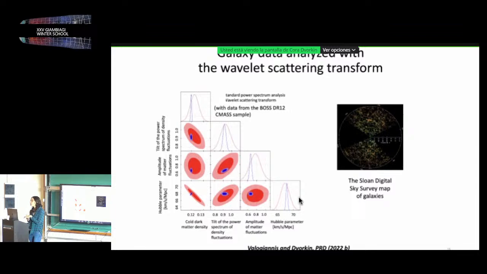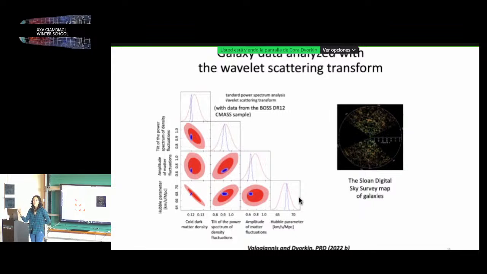So we applied the wavelet scattering transform to the latest release of the BOSS galaxy data set, which is a galaxy data set that has been measured by the Sloan Digital Sky Survey. We incorporated many added complexities that come into play when working with actual data. For example, the fact that galaxies are a biased tracer of the matter field, okay?